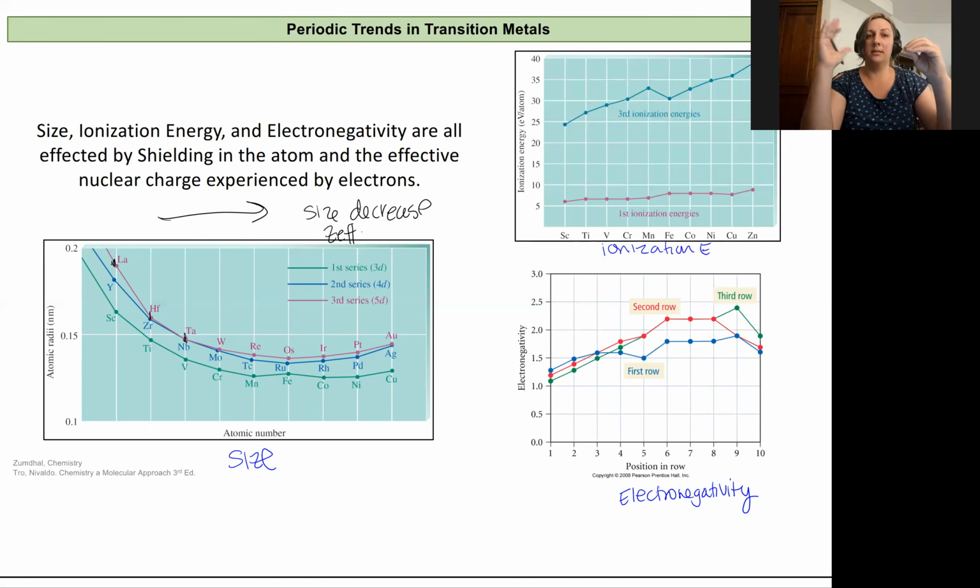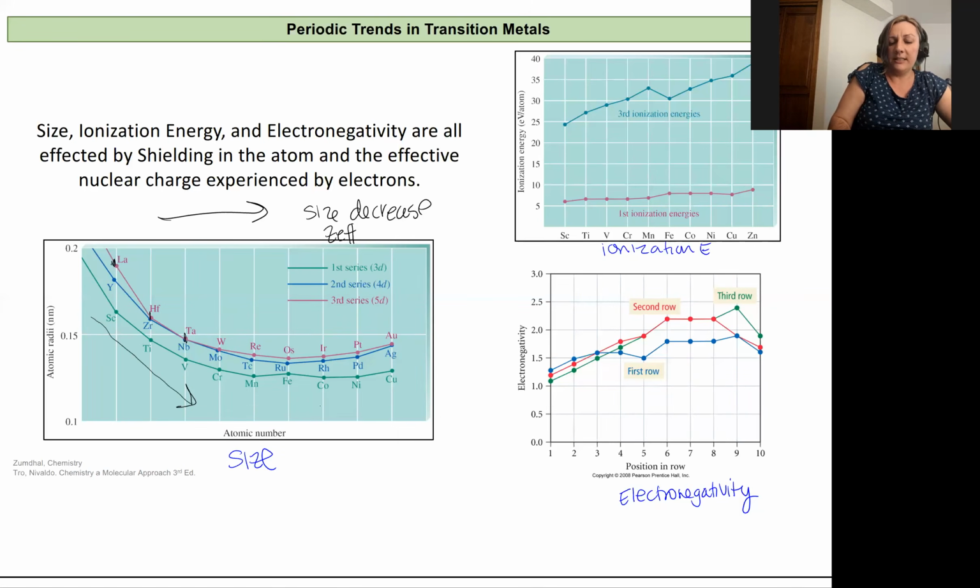However, the same number of electrons are in that outer shell, at the same distance. And in terms of the transition metals, we're not adding electrons into this outer valence shell, we're adding them into the core of the electron. And so we still see our normal size trend in general as we go across, especially here at the beginning where we see size decreasing.